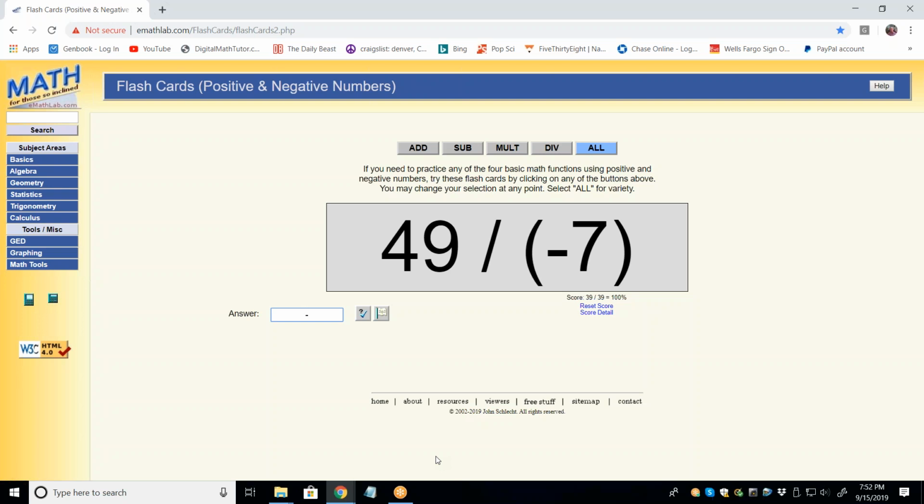What's 3 squared? 9. What's 4 squared? 16. 5 squared. 25. 6 squared. 36. 7 squared. 49. Here you go, right here. 49 divided by 7 has to be 7. And it's negative because the denominator is negative.